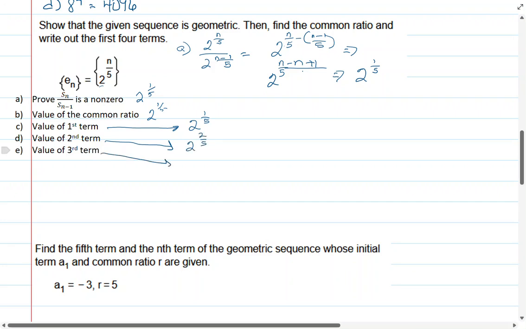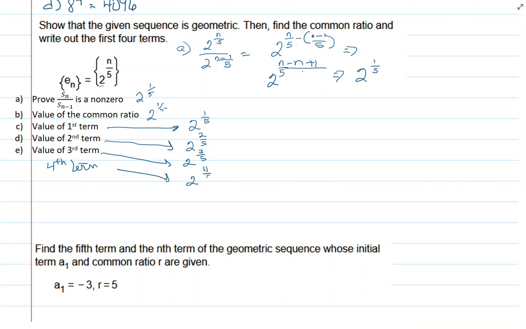The third term is going to be 2 to the 3/5. And the fourth term is 2 to the 4/5, which again simplifies, whatever work content you're applying the series and sequence. Is everybody comfortable with that? All right.